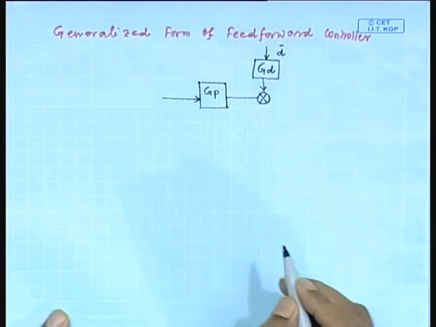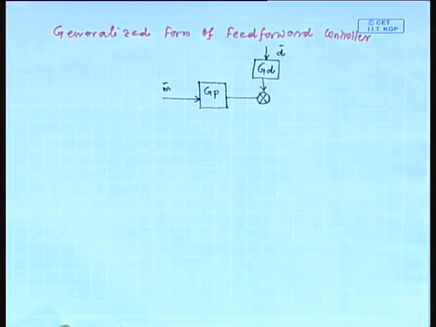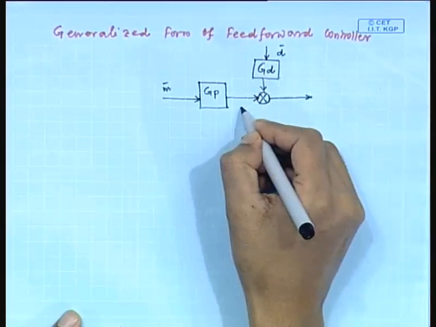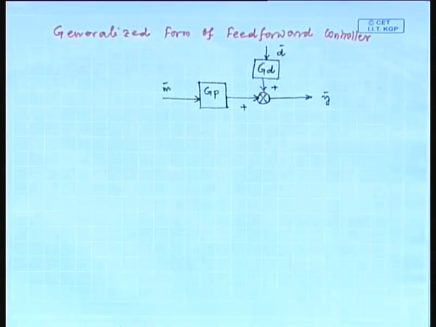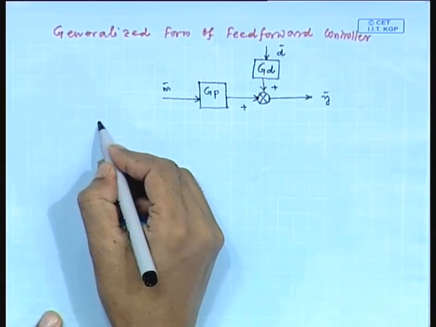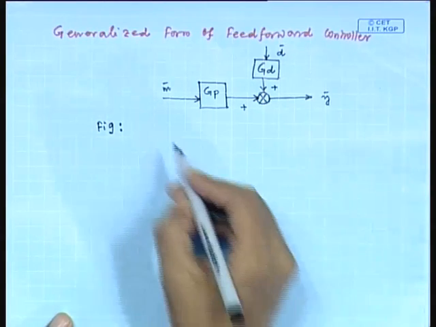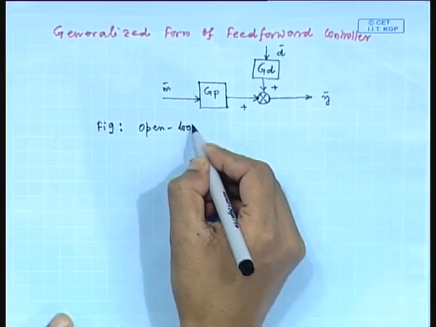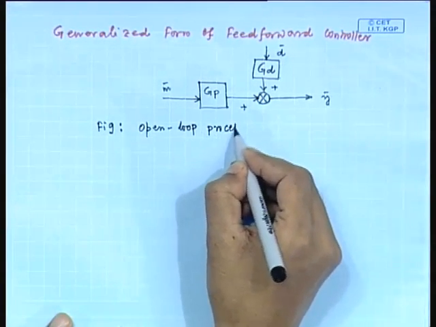D is the disturbance and M is the input to the process. Output is Y. So, this is the block diagram of the open loop process.